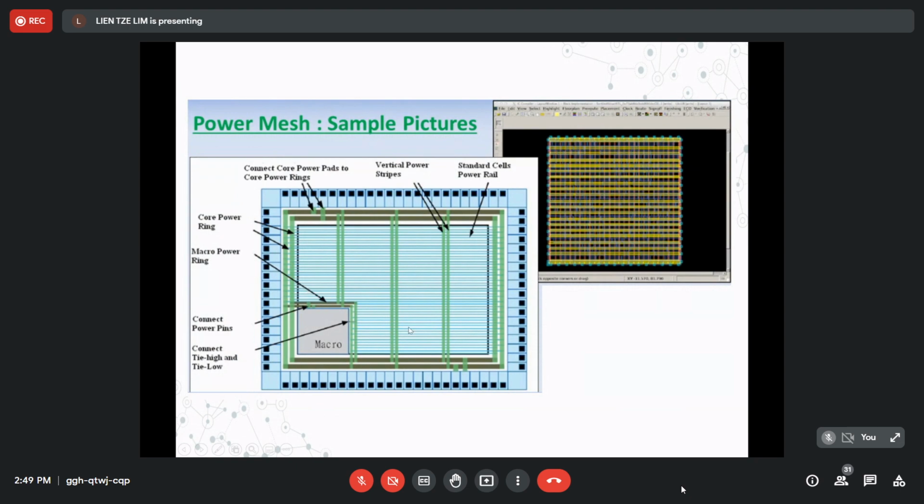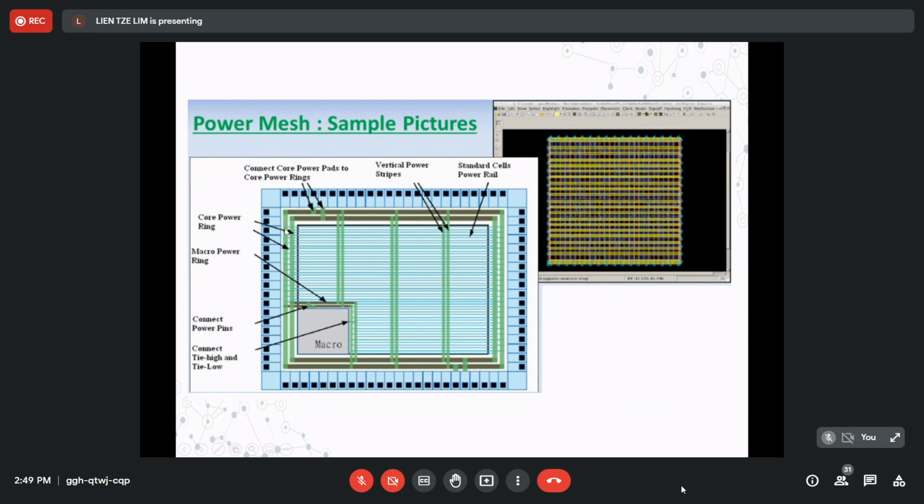According to this figure, as you see there is a macro, and this macro has power pins. Okay, these pins are connected to the power and the ground. And this line here is called the core power ring.